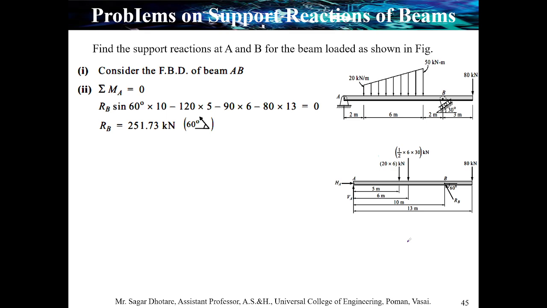For RB we have to consider the vertical component of RB, that is RB into sine of 60, multiplied by the distance, which is placed at 10 meter. It is in upward direction, so it is positive.